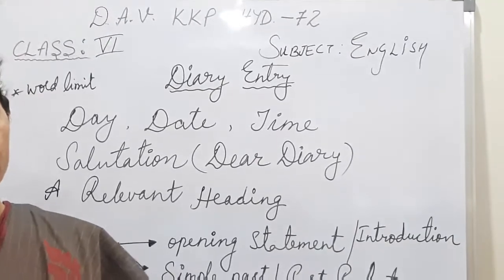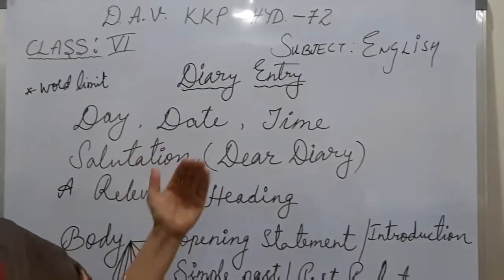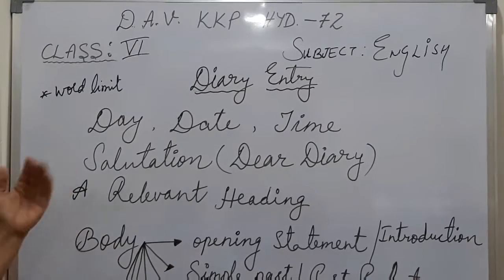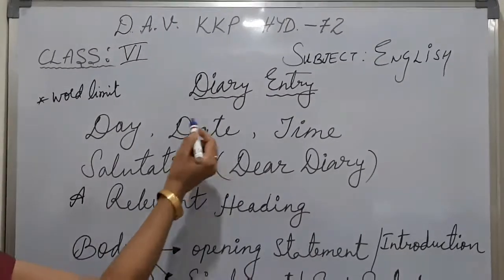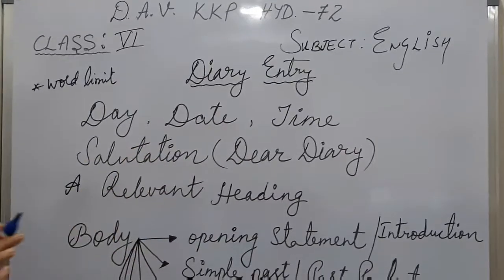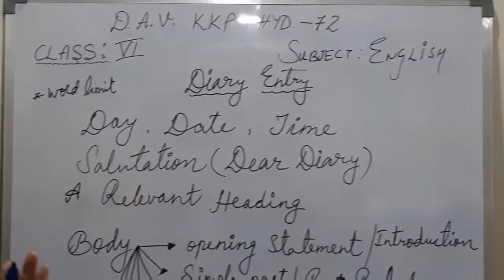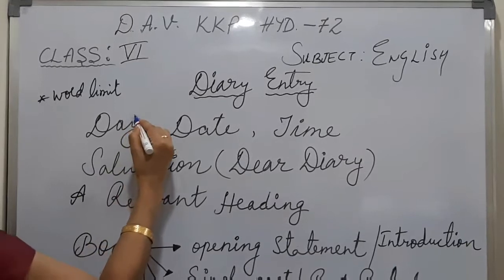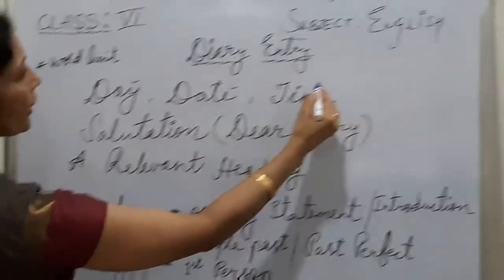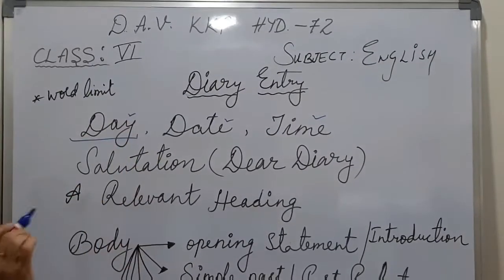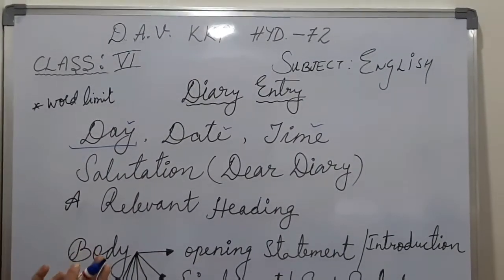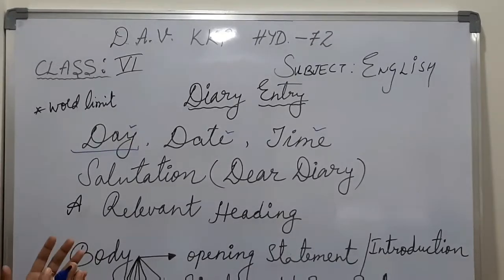Now let us start with the guidelines step by step. Now have a look over here, children. So this is a diary entry. Now in the diary entry, children, always keep in mind, first of all, you should write the day, then date and time. Whatever day you are writing the diary, that day you should write. Suppose today it is Tuesday.